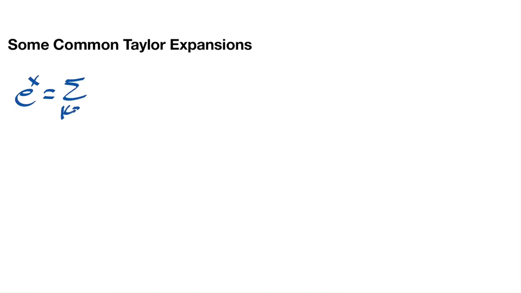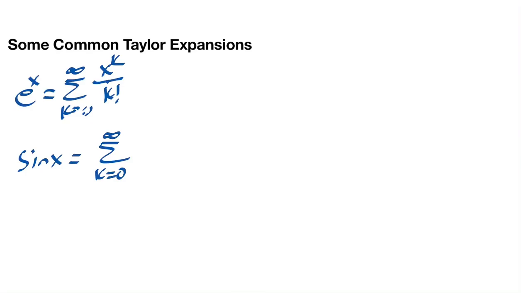You should probably know e to the x, and maybe you already do, but let me write them out here in case you aren't aware of them. And so that is the sum of x to the k over k factorial. So that's what e to the x is. And sine of x, maybe you remember.